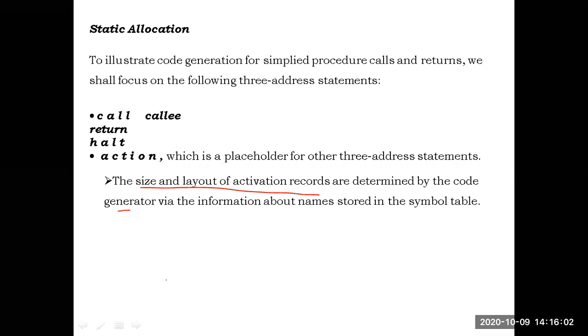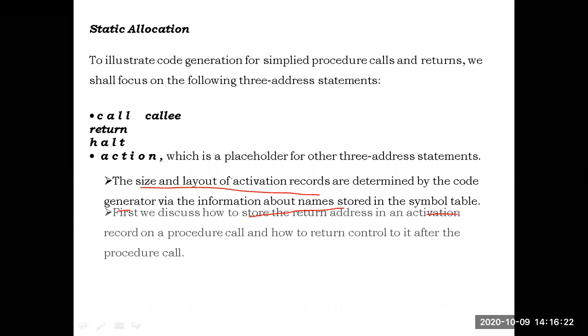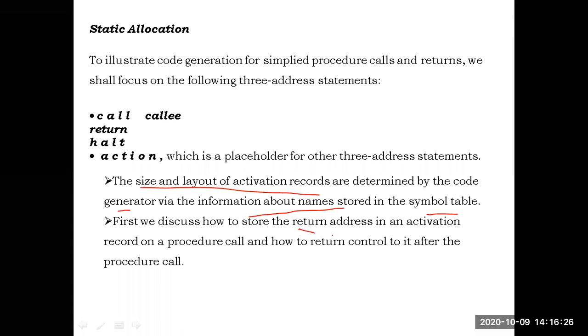The code generator determines the size and layout with the help of information about names stored in the symbol table.